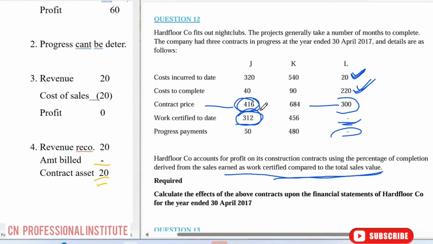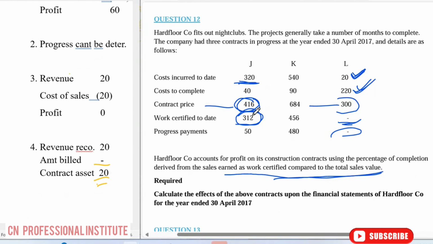So 312 work certified over the total contract price 416. Just divide, get the progress. That's all. Then go to step 3. Apply the progress on the total contract price, the 416. Then with the cost of sales, we take cost to date, which is 320 here. That's all. It's very simple. J and K are the same thing. So take note of what to do with L.